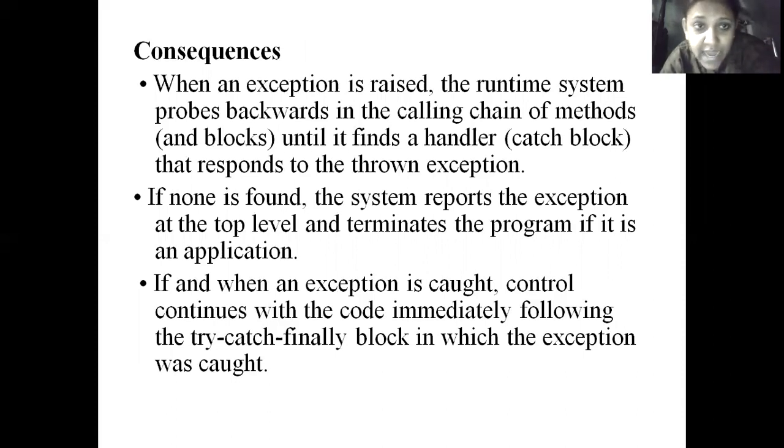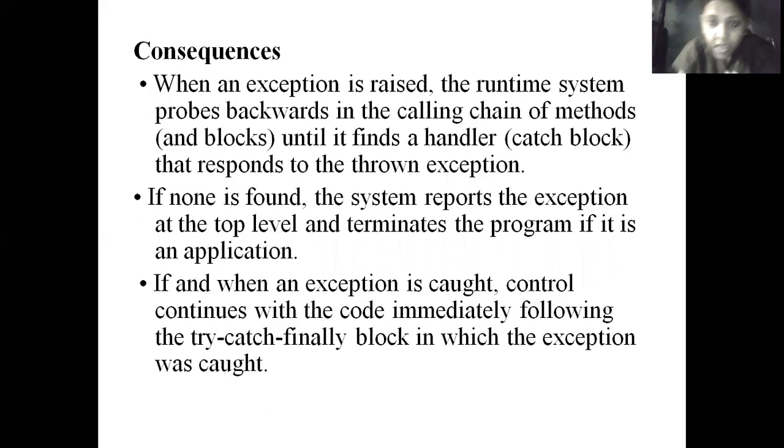The consequence is that when an exception is raised, the runtime system probes backwards in the calling chain of methods until it finds a handler, a catch block that responds to the thrown exception. If none is found, the system reports the exception at the top level and terminates the program.